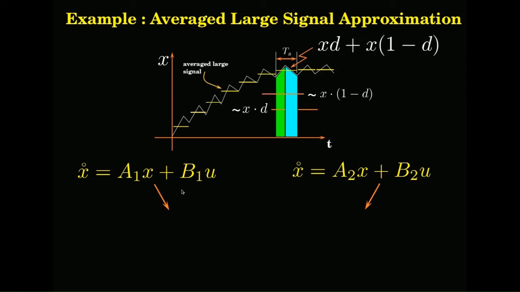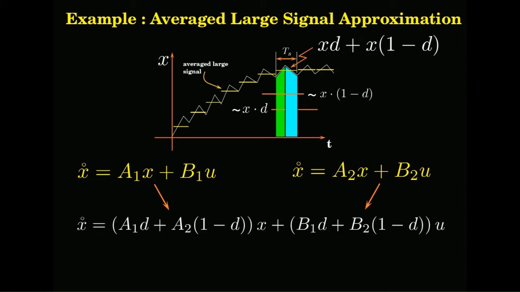So, these two need to be combined. How you combine it is basically to use this. Take the d into the A1, and 1 minus d is also taken into the corresponding A matrix.